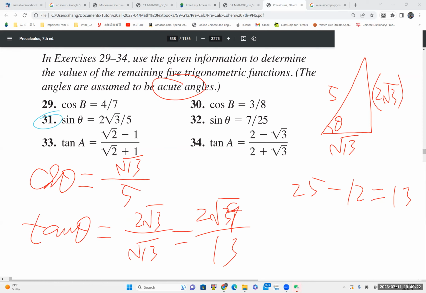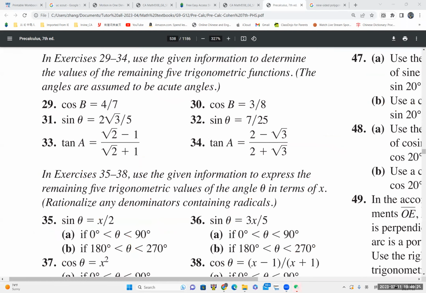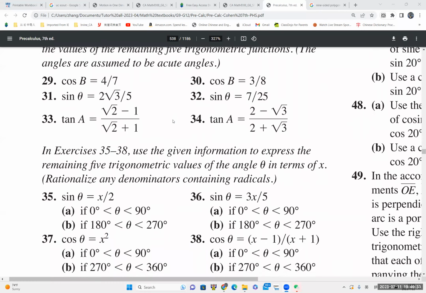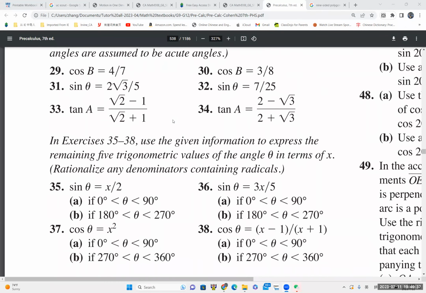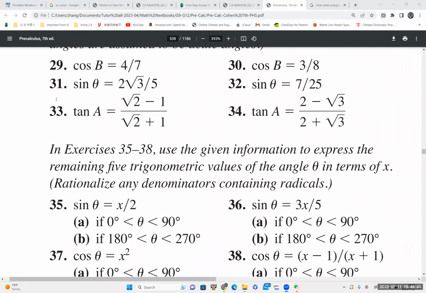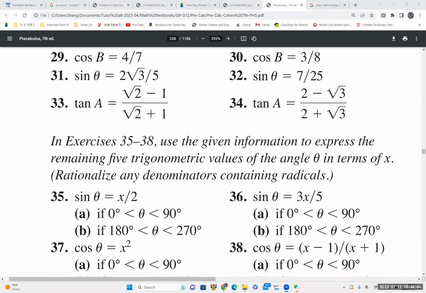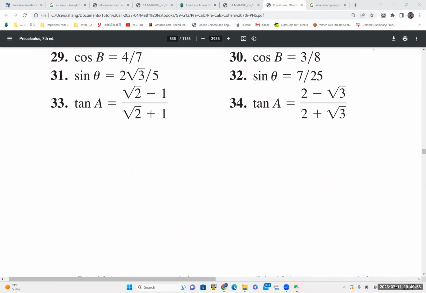Now I'll give you guys a chance. This one is for Ray, this one for Neil. A is an acute angle.